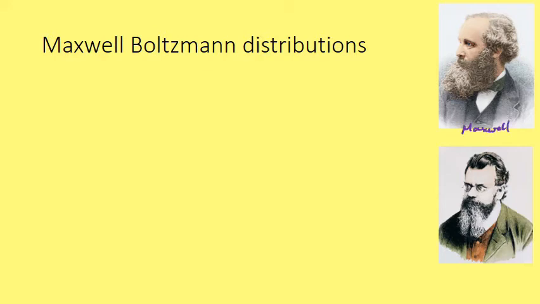He was Scottish, and this fellow at the bottom here with the big black beard was Ludwig Boltzmann. He was Austrian, and they came up with a distribution curve, which is a theoretical model that explains scientific observations.